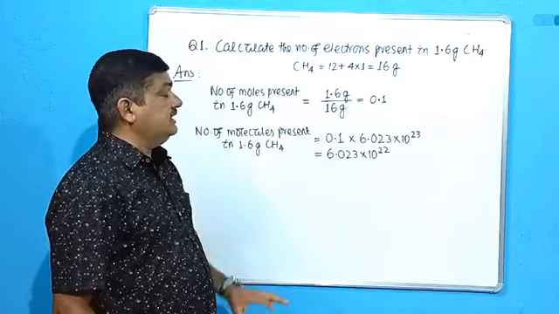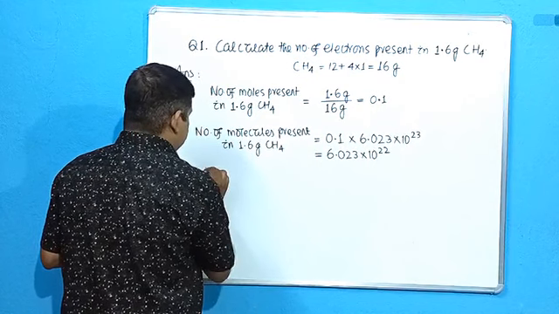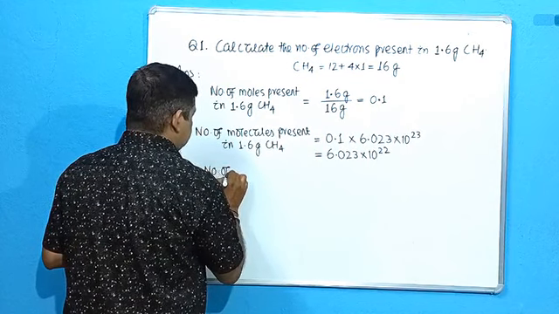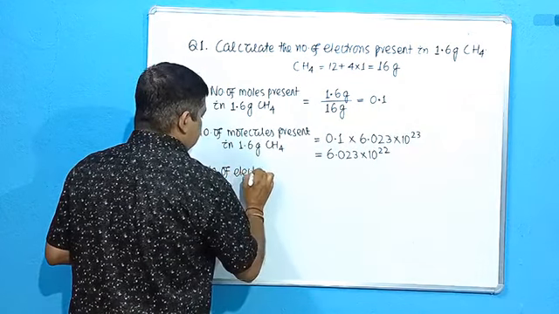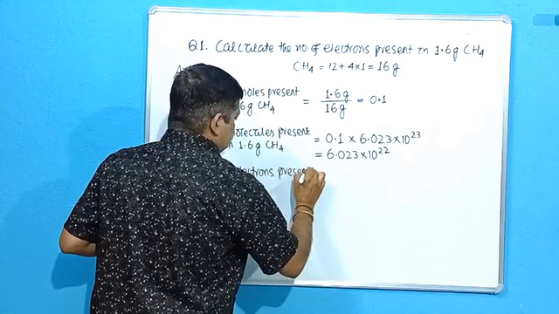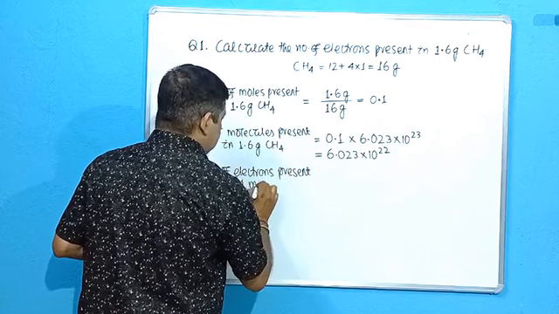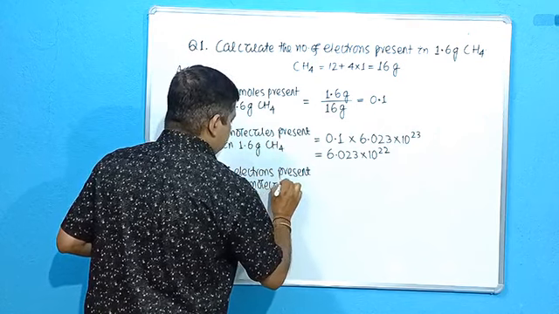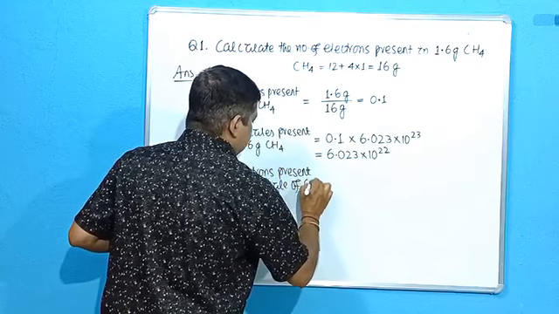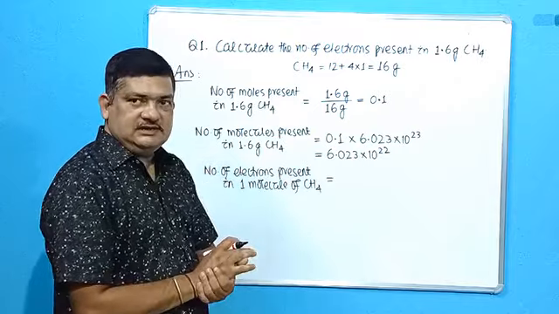Then coming up to the question, how many electrons are present? So number of electrons present in one molecule of methane. Look, carbon atomic number is 6.